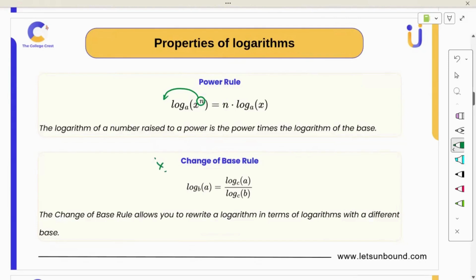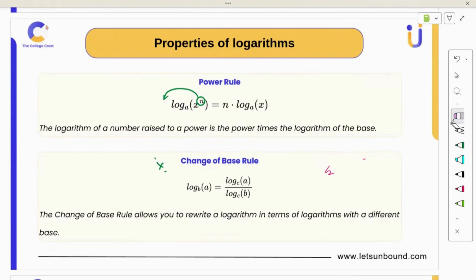Then this important one, change of base rule. In our calculator, the common logarithm will be given, ln will be given. I think that's it. But sometimes we have to solve for log base 1/2, right? In that case, we should know about the change of base rule, because if I have log base 1/2 of something, I can't solve. I need to change the base to my favorable one.